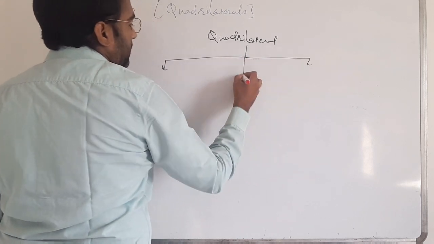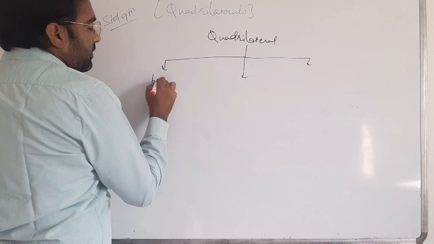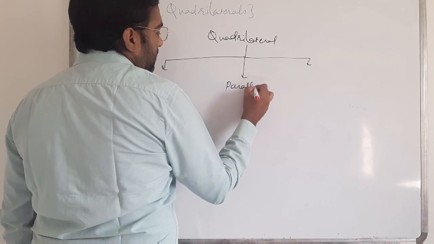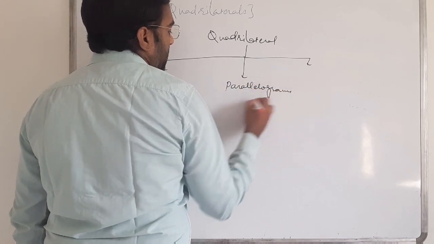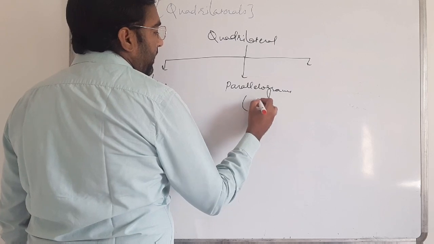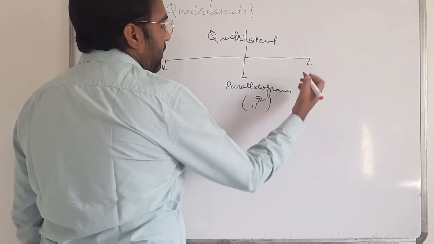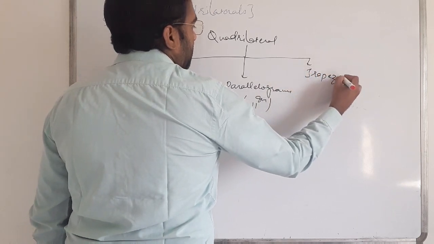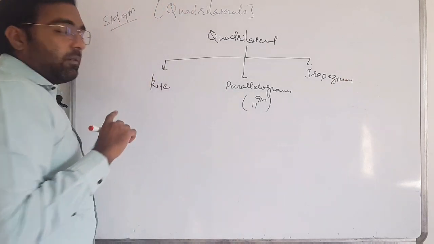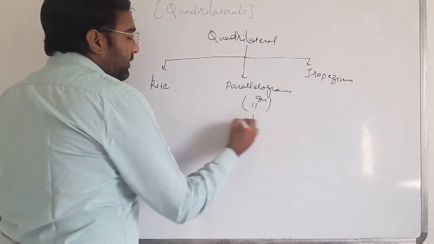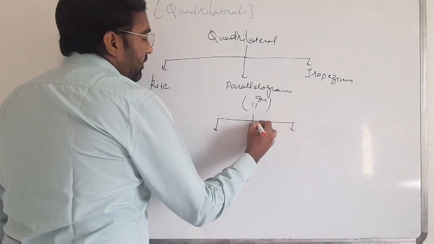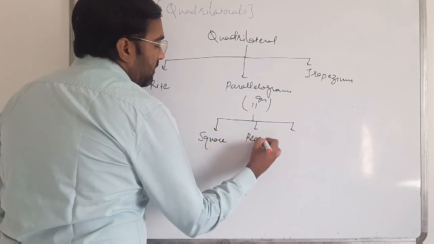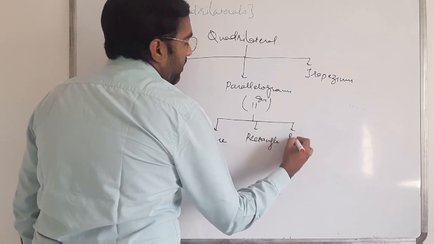One of them is the kite. The second one is the parallelogram. We write parallelogram in the short form as parallel lines and GM. Then the trapezium. The types of parallelogram are square, rectangle and rhombus.